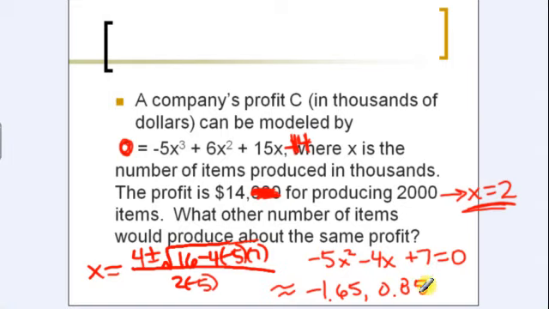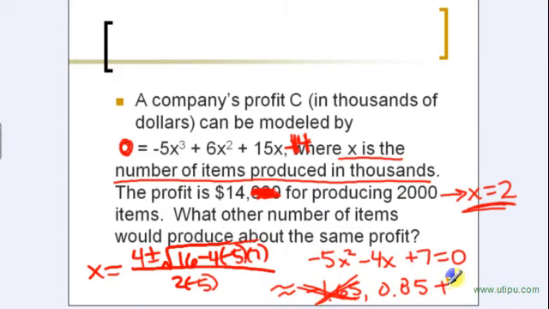Well, let's think about what these answers would mean. Remember, we're solving for x here, and x is the number of items produced in thousands. Well, we obviously don't want to produce a negative number. We can't do that. That doesn't make sense. This would represent 0.85 thousand units.